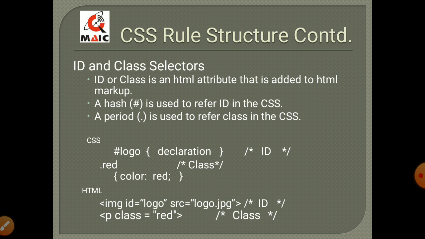So by using .red, that particular class is being invoked. This is the way we can use the selectors like a normal HTML element, as we saw with H1, H2 and H3 in the previous slide, and here using ID and class.